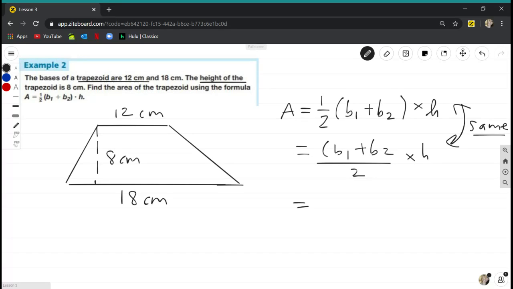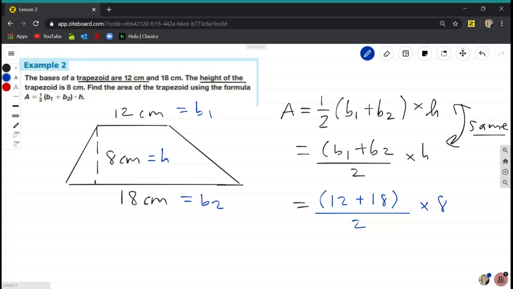Okay, so after that, we can just plug in. Let's say this is base 1, this is base 2, and this is our height, right? So 12 plus 18 over 2 times our 8. 12 plus 18 is 30 over 2 times 8.